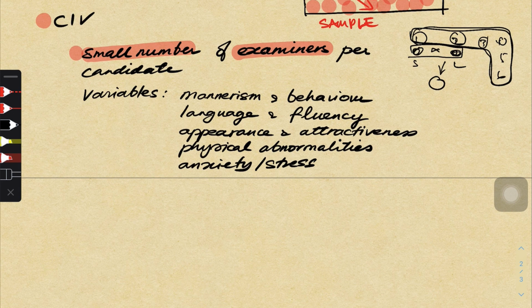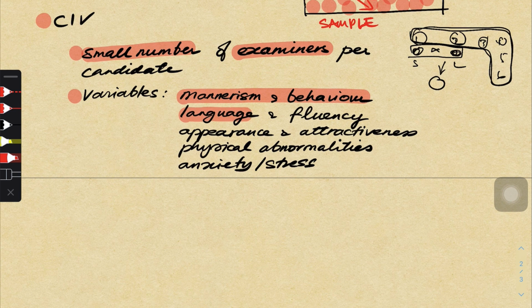What are the other things which influence candidates' marks apart from their competency? Things like mannerism and behavior. Well-mannered, professional, they have this aura, very polite. They tend to get more marks which is not related to their actual competency, but to their behavior.